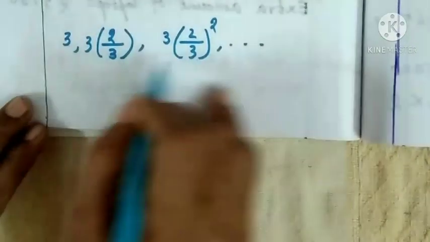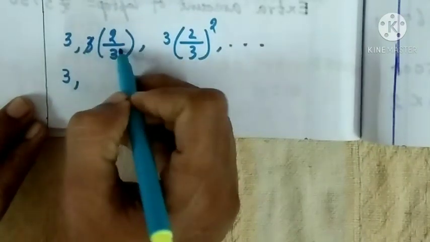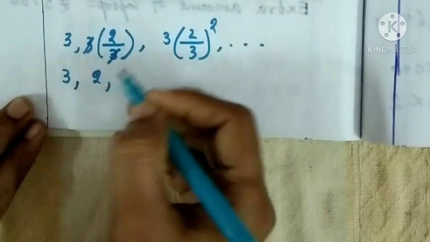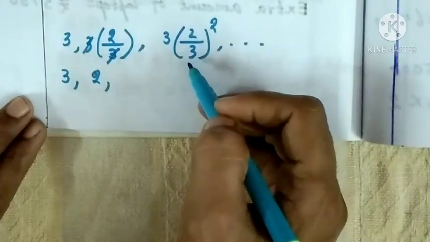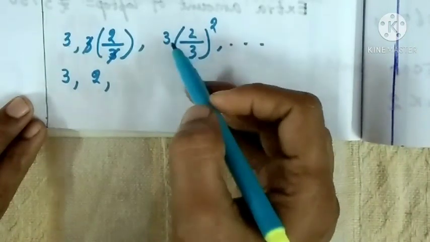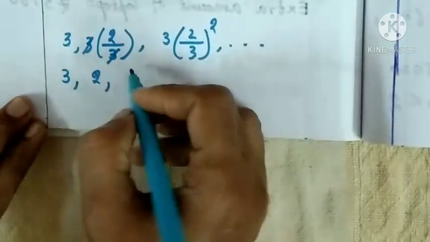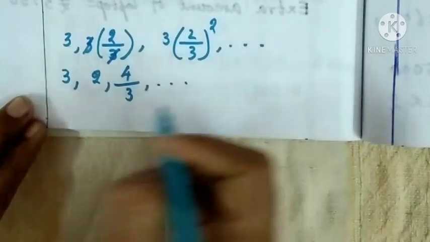Now you have to simplify this, means we get 3, here 3 cancel and get 2, here 2 by 3 the whole squared is 4 by 9. Then cancelling 3 table means we get 4 by 1 3 is 3, 3 3s are 9, so 4 by 3 and so on.